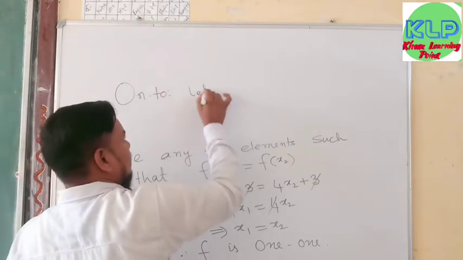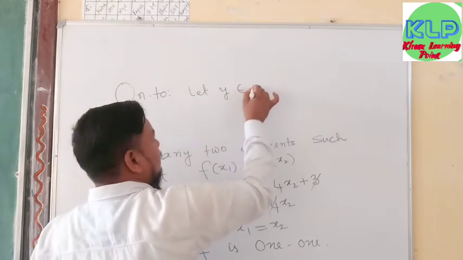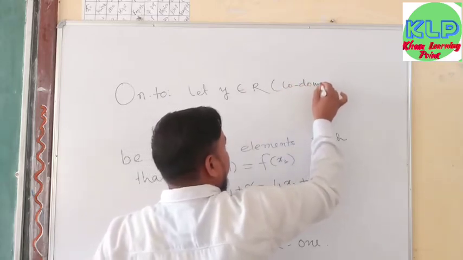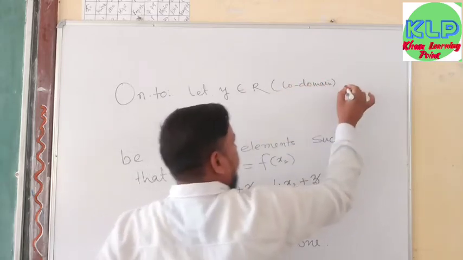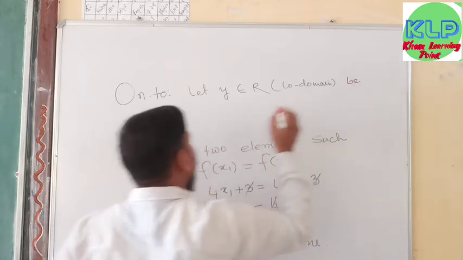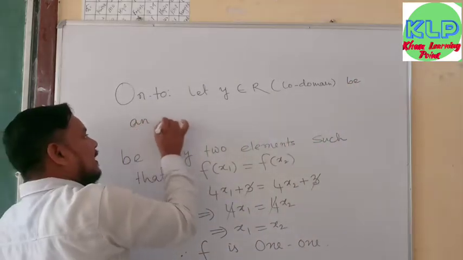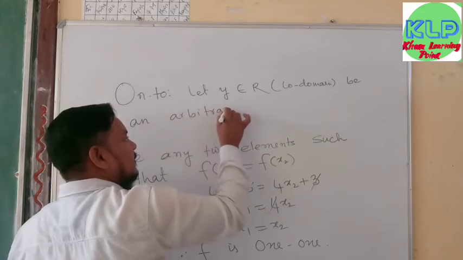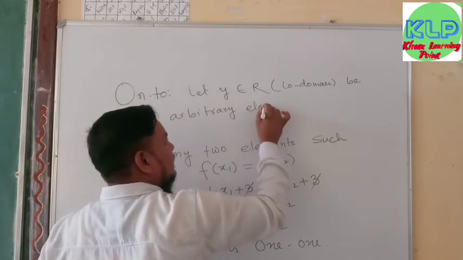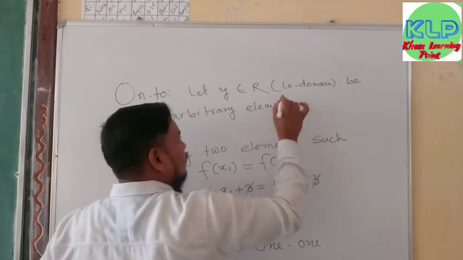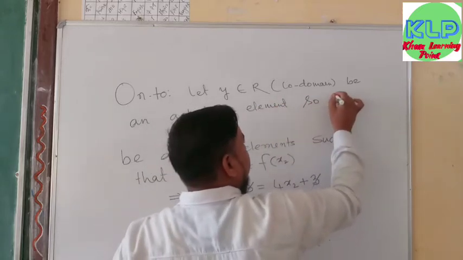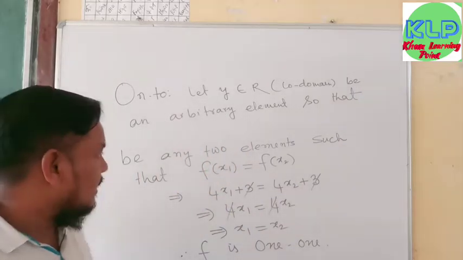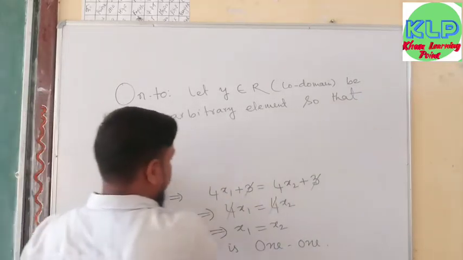Let y belong to R, where R is the codomain, be an arbitrary element so that y is equal to f(x).